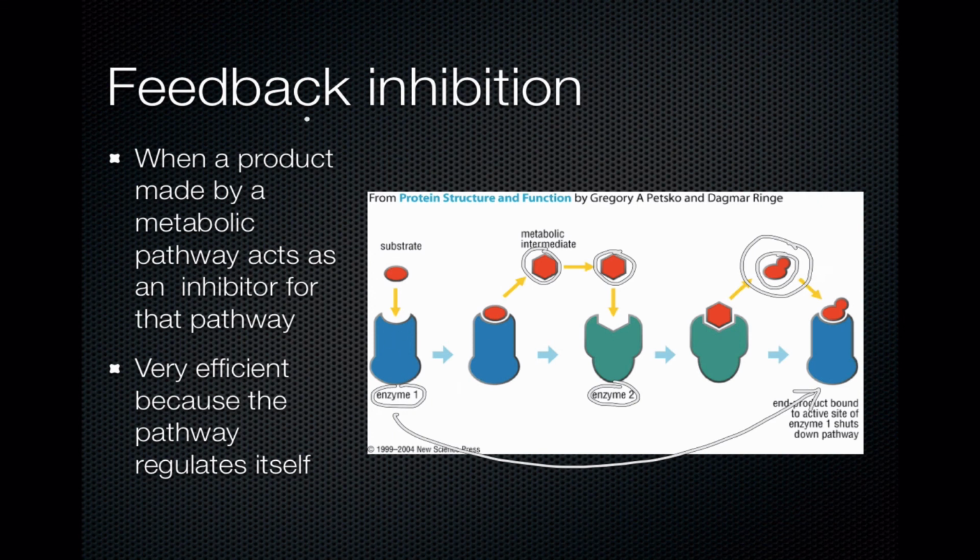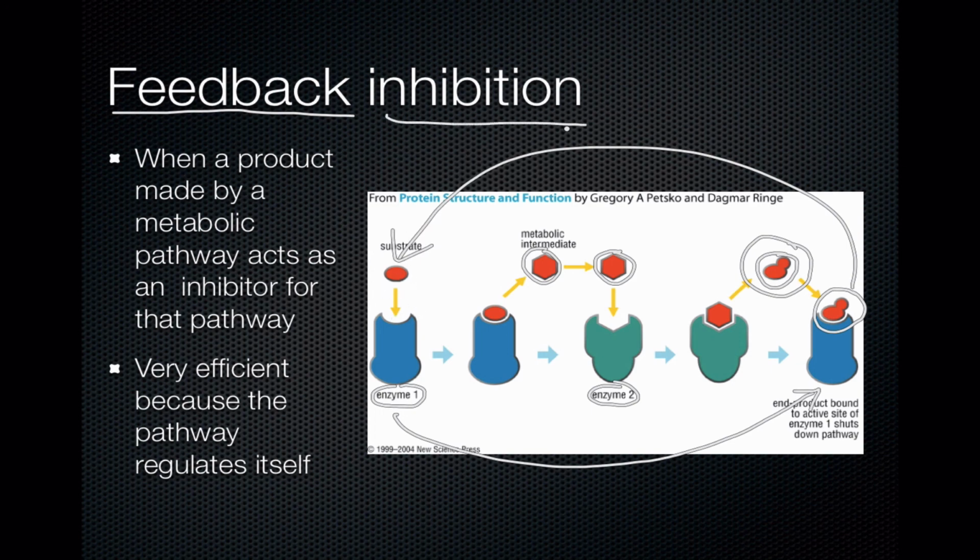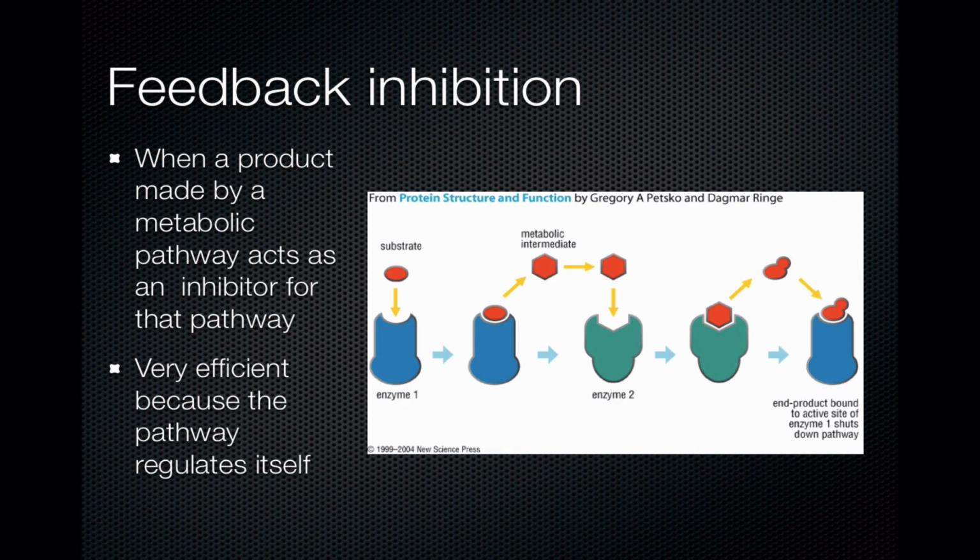So we call this feedback inhibition because the presence of the final product is feeding back on the beginning of the enzyme pathway, and it's acting as an inhibitor because it's deactivating enzyme number 1, which starts the whole process. Okay, hope that makes sense.